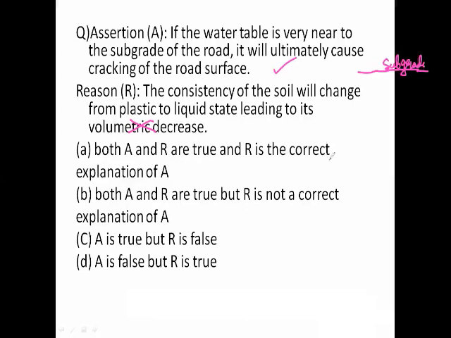When it exceeds the liquid limit, the soil behaves like a liquid. Therefore, its volume will increase. So this is not the correct explanation. So option A is correct: the assertion is correct, as well as the reason is wrong.